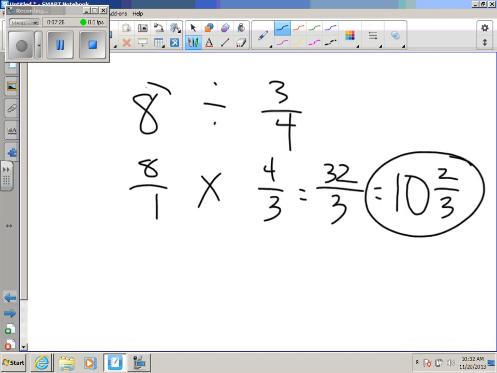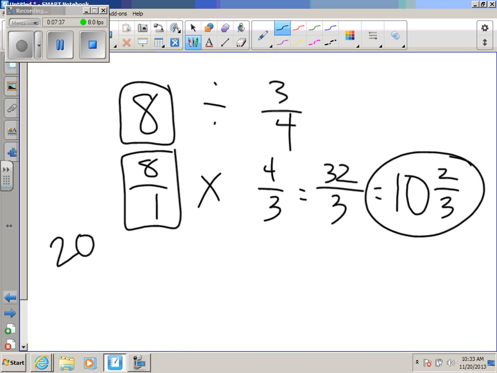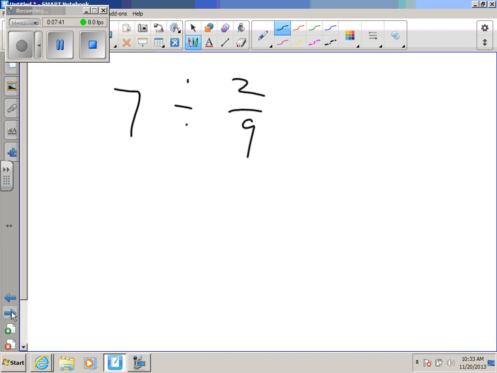Anytime I make a whole number into a fraction, I put that number over 1. So if I want to make the whole number 20 into a fraction, what would it be? 20 over 1. Okay, try that one. 7 is a fraction, 7 over 1. Change the division to multiplication.